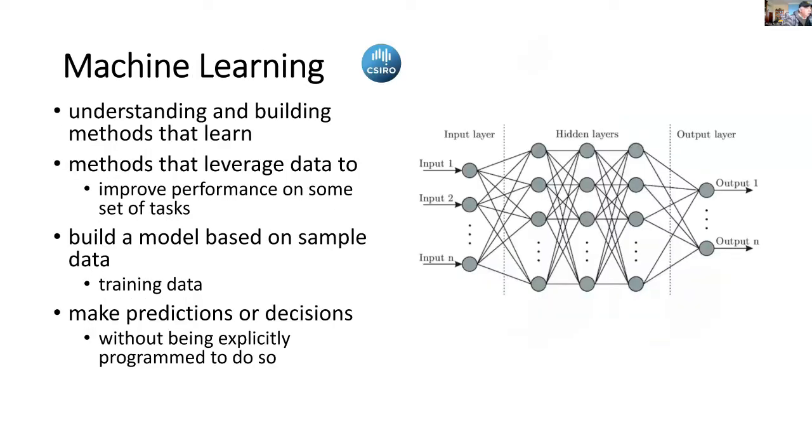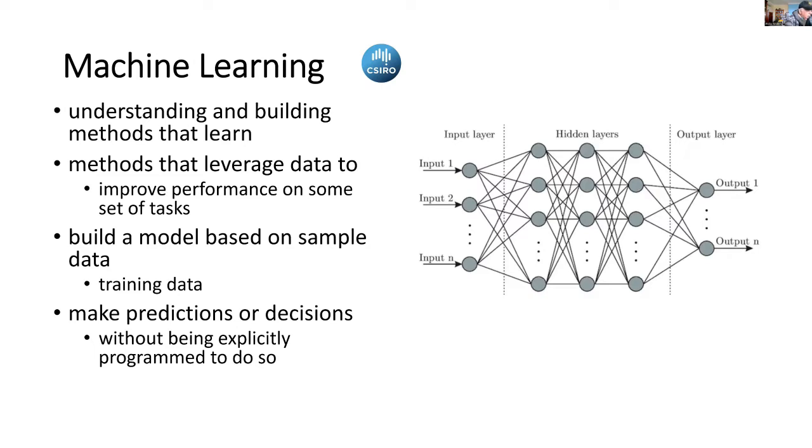So related to AI is machine learning. You consider machine learning as a subset of AI, and it's about understanding and building methods that use lots and lots of data to perform a set of tasks. We're going to use sample data, and that becomes our training data.